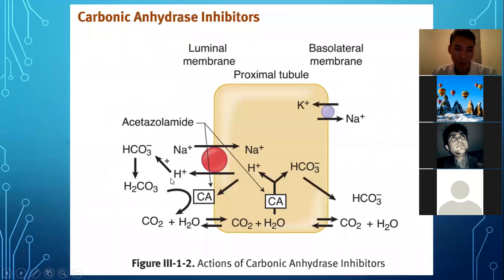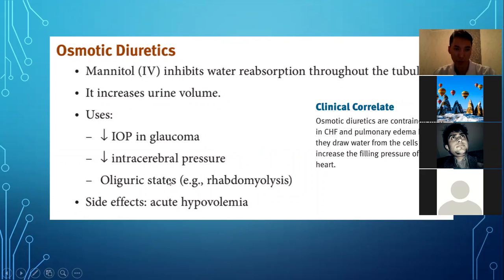Another use is in oliguric states, where osmotic diuretics can be used, for example rhabdomyolysis. This is actually a really dangerous disease. Myo comes from the word for muscle, and lysis means breakdown of the muscle.